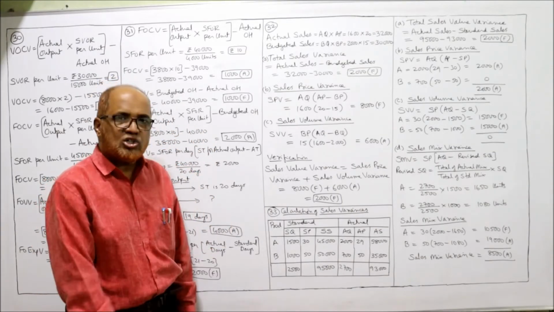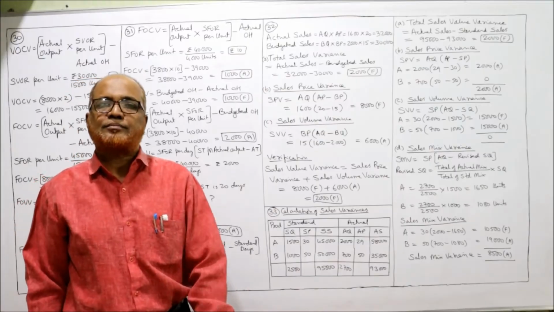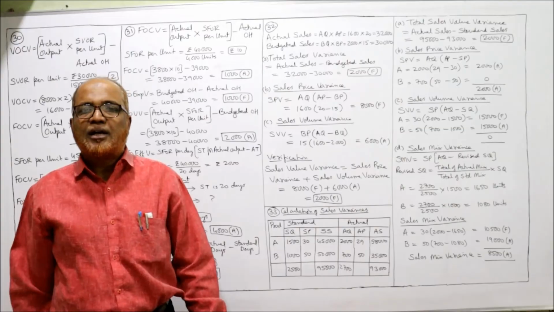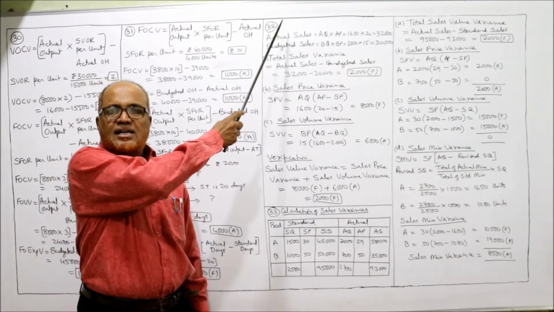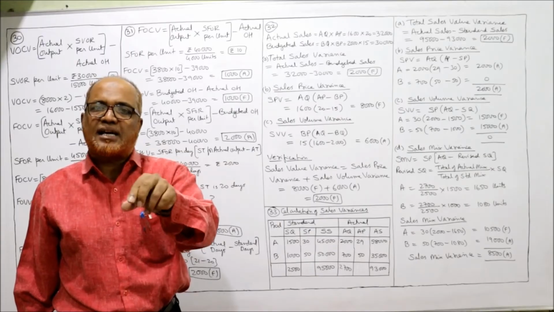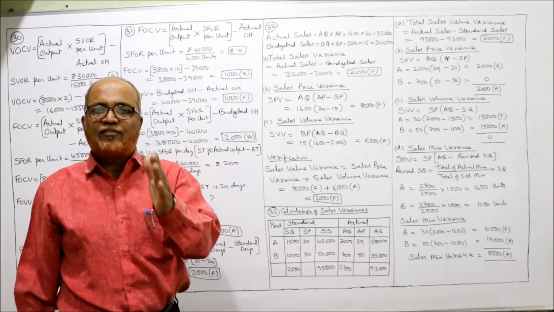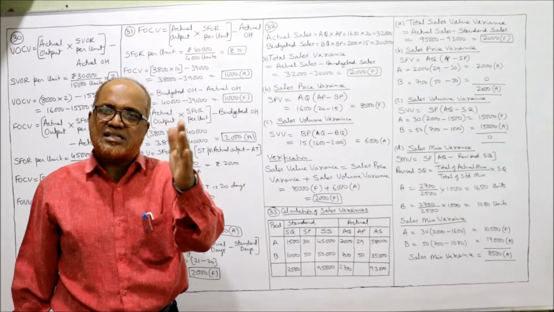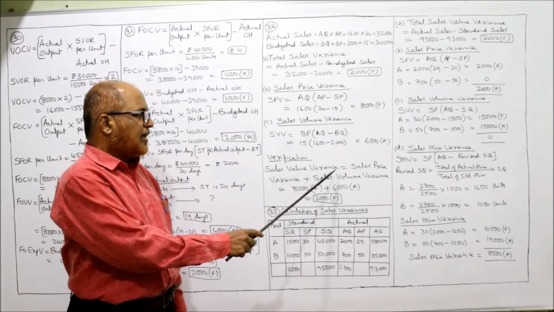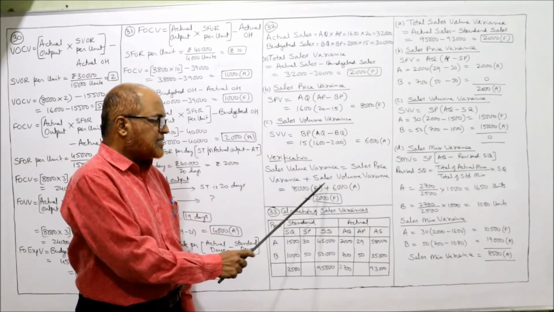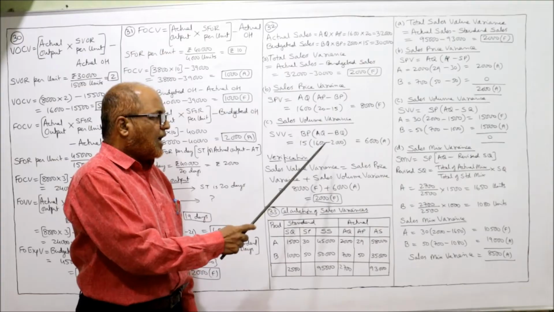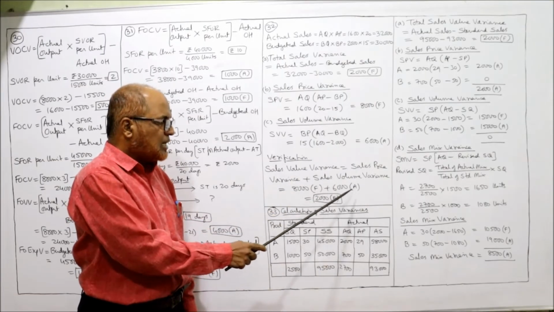Now we can verify whether we have done it correctly or not. This is optional; for our satisfaction, we are verifying. Total sales value variance is equal to sales price variance plus sales volume variance. Sales price variance is 8,000 favorable and sales volume variance 6,000 adverse.